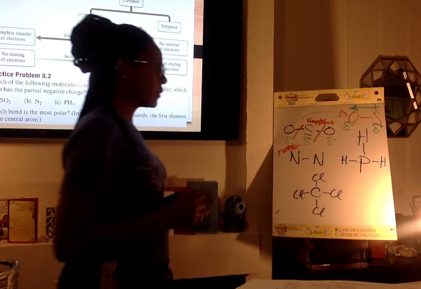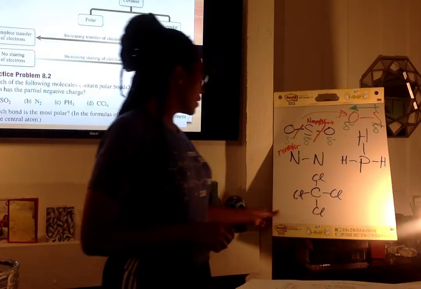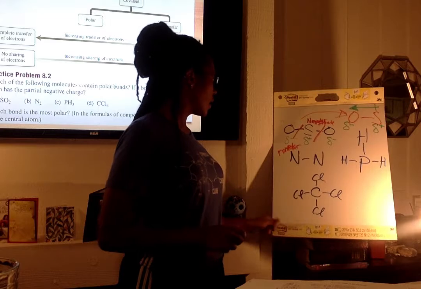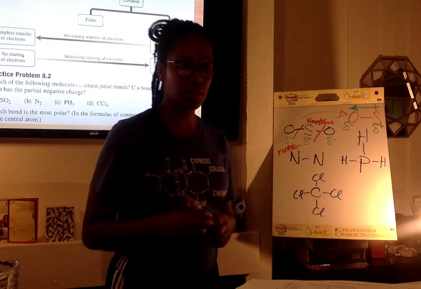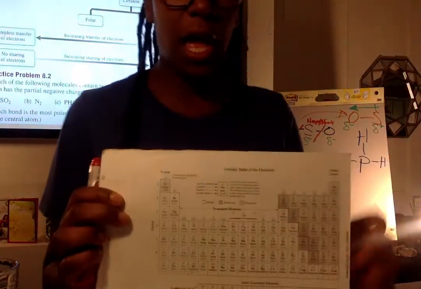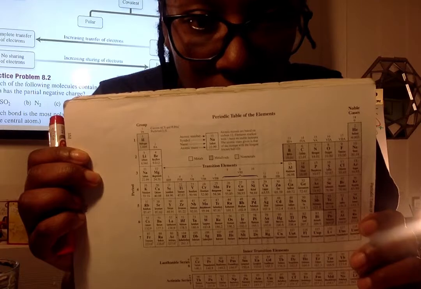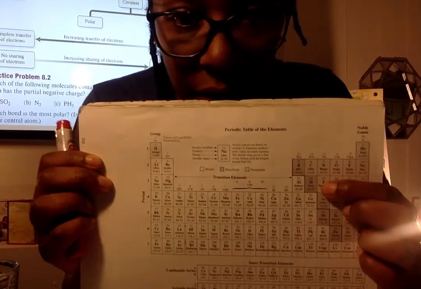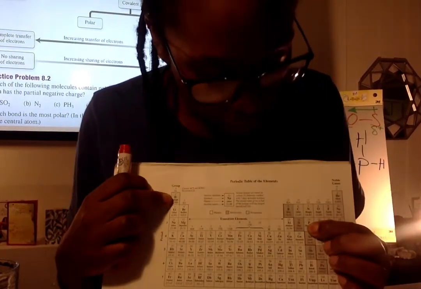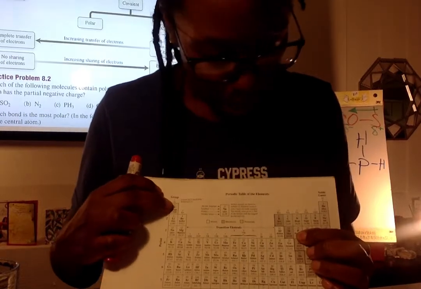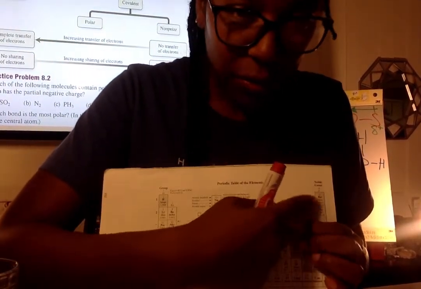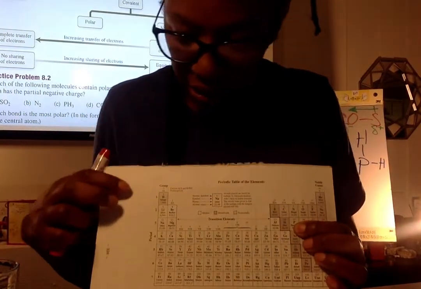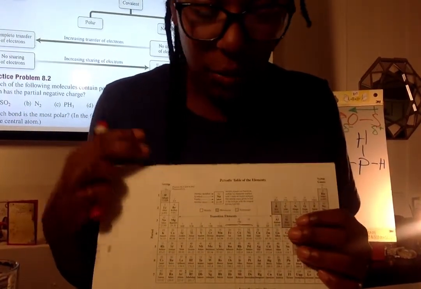Okay, so let's look at PH3. When we look at phosphorus, we know it's here, and hydrogen is here. But remember, I was telling you sometimes hydrogen really has properties of here, but technically it's a weird one.